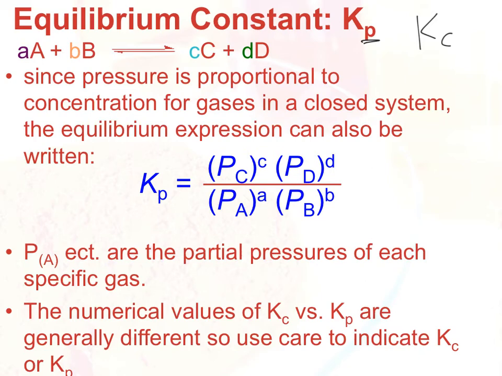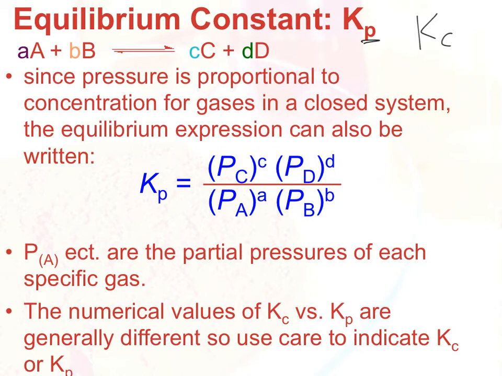Now, what you also need to understand is that we can't just take Kp and Kc and interchange them. They're not directly interchangeable. The numerical values are going to end up being different. So we need to use care when we're discussing things and make sure we're indicating whether we're discussing the equilibrium constant with respect to pressures, or reporting our equilibrium constant with respect to concentration values.